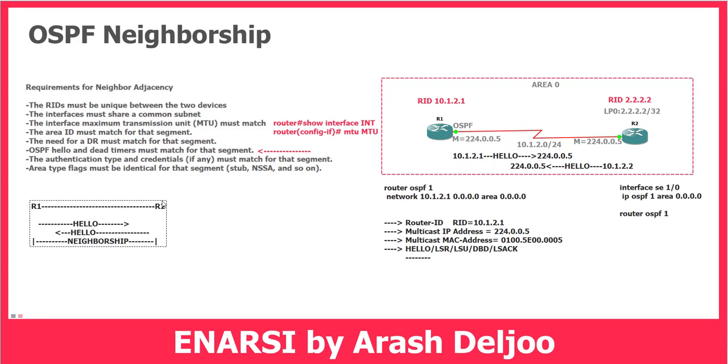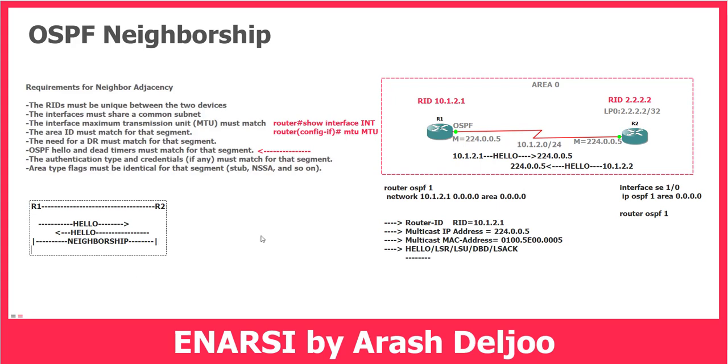This means that the first function of the hello is discovering the other side, and after that establishing the neighborship. Also in hello we have some information. This information is useful for verifying the status of two sides, and if everything is working correctly we will have the OSPF neighborship.